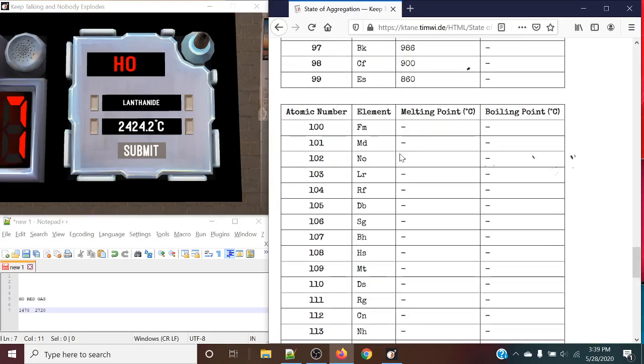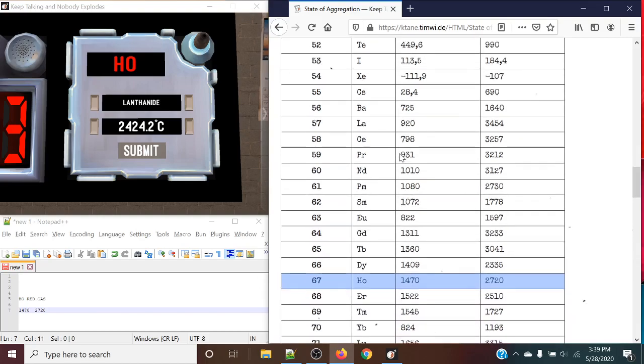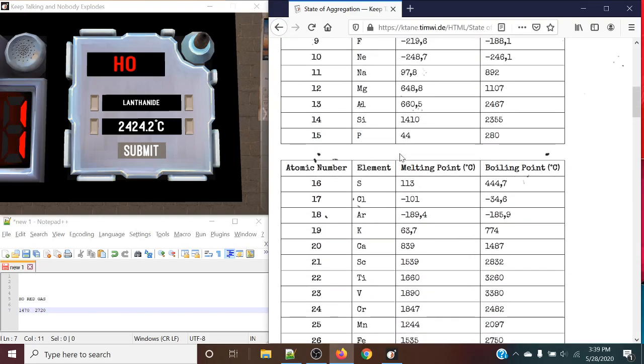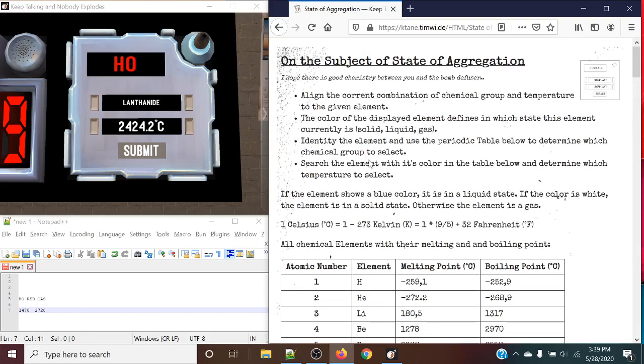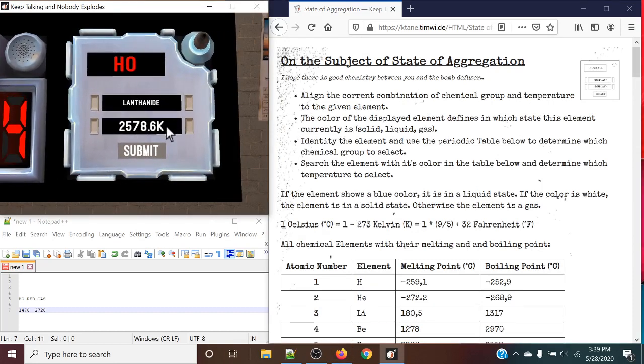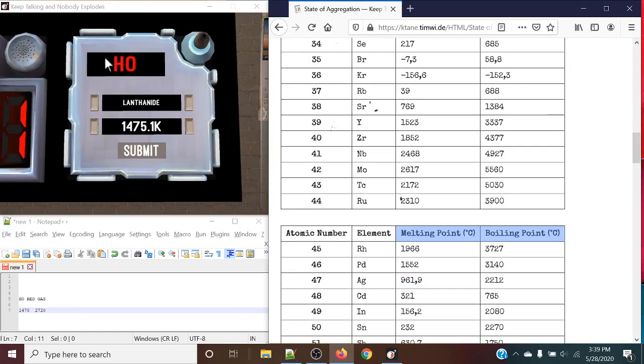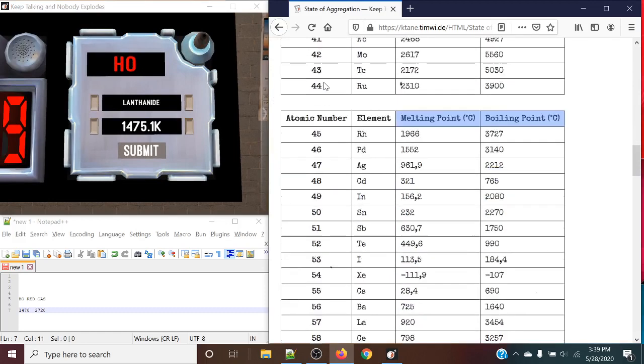The second part of the module is what really tricks people up the most, in my opinion. Based on what state our element is in, we need to set it to a specific temperature. As you can see, all three temperatures are present: Celsius, Kelvin, and Fahrenheit. We need to figure out what temperature gives us the state that the element is in.